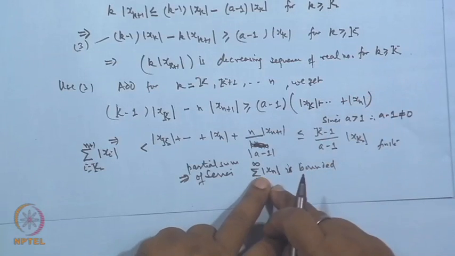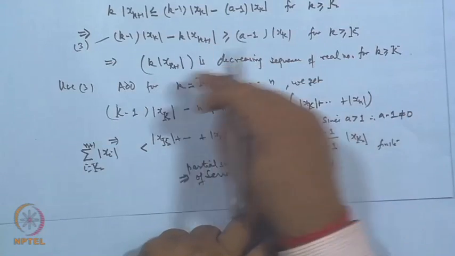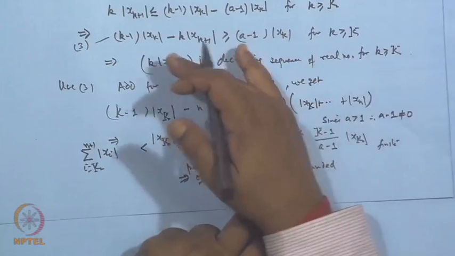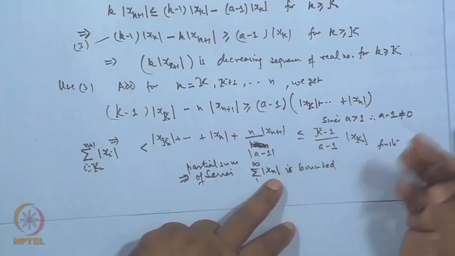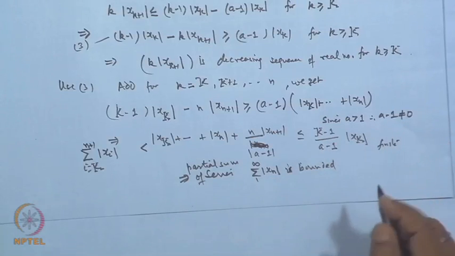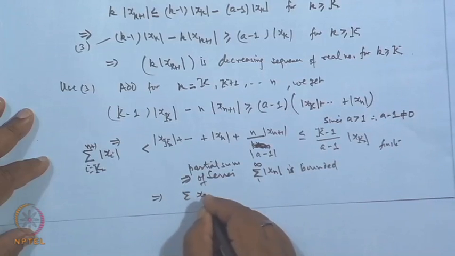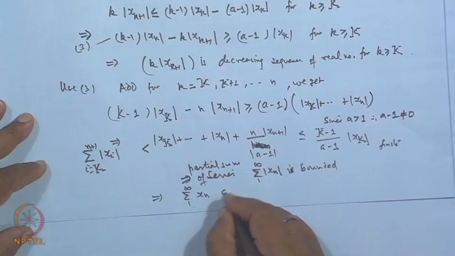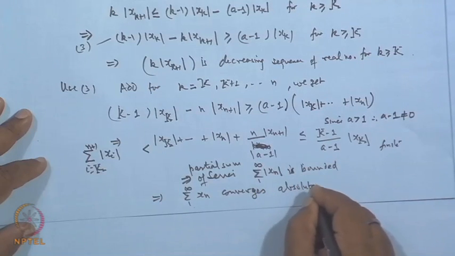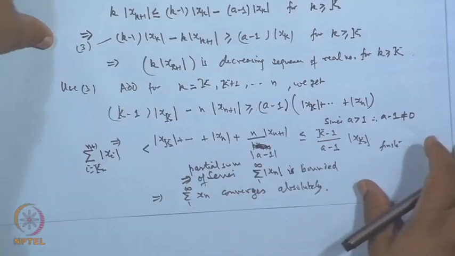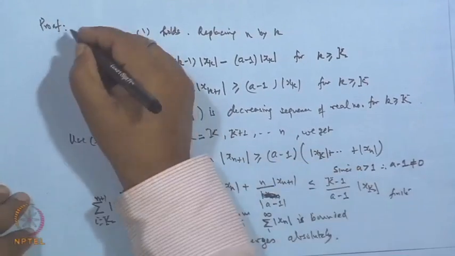So, this is a bounded sequence and a monotonically decreasing sequence of real numbers. Hence, every bounded monotonic sequence is a convergent one. So, this implies the series x n, 1 to infinity, converges absolutely. So, this is the proof for this part, this is part A.